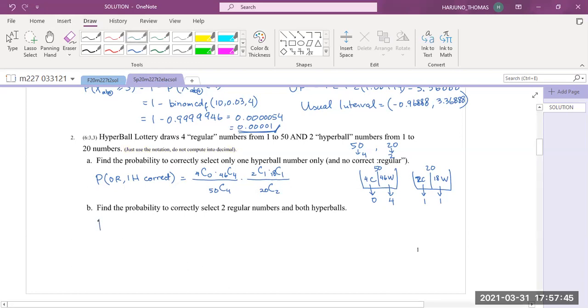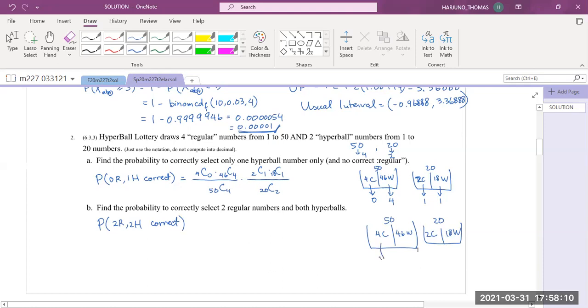Now, part B, what is the probability of selecting 2 regular and 2 hyperbole correct? So you do the setup again of 50 regular numbers, 4 of them correct, 46 of them wrong, from 20 hyperbole, 2 of them correct, 18 of them wrong.